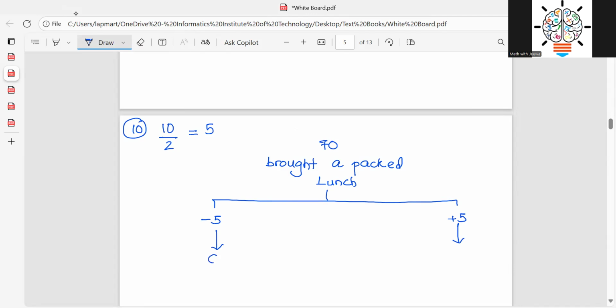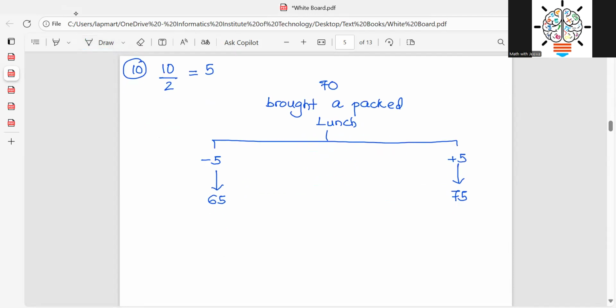This becomes 65 and this becomes 75. The number of children, I put it as capital N. It can be 65 or more than that, or it can be less than 75, right? Because 75, when you correct to the nearest 10 children, becomes 80. Therefore, we cannot get 75, anything less than 75, right?